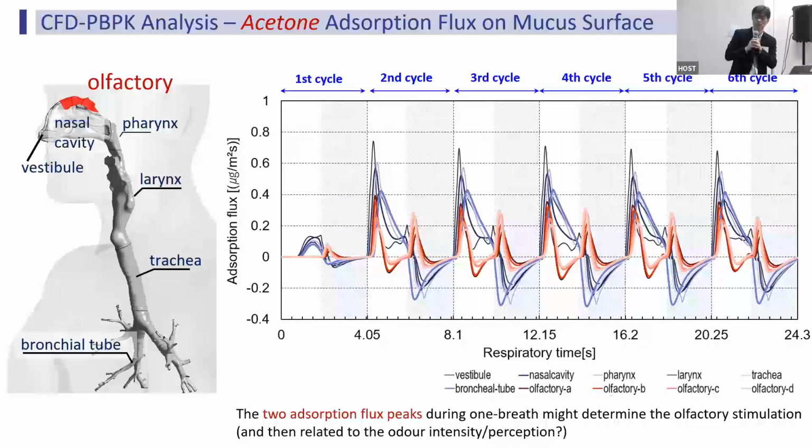This red line shows the adsorption flux on the olfactory regions, and the gray line shows the other regions of the respiratory system. We can see 2 red peaks during 1 breathing. This means the first peak is the transportation via the nasal pathway, and the second peak shows the retronasal pathway.